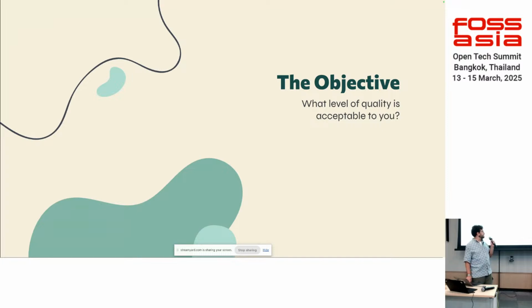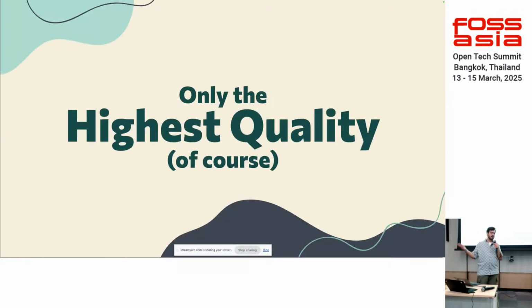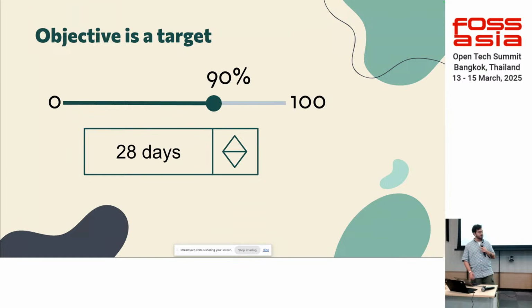The second concept is the objective, which is what level of quality is okay. If you ask your boss, he's going to say 100%. Why can't we just serve 100% of requests correctly? Hopefully your manager is a little closer to your work and understands that that's an impossibility. But the objective is a target between 0 and 100 over some time period.